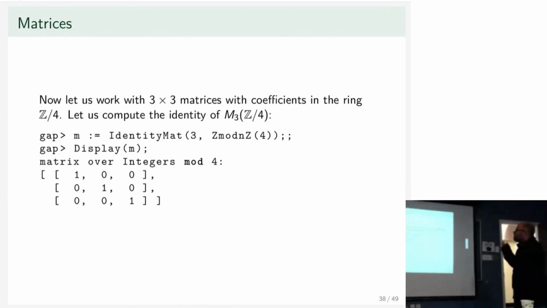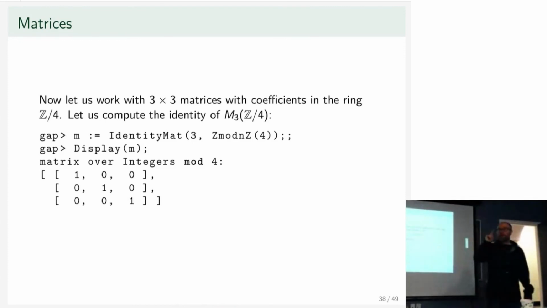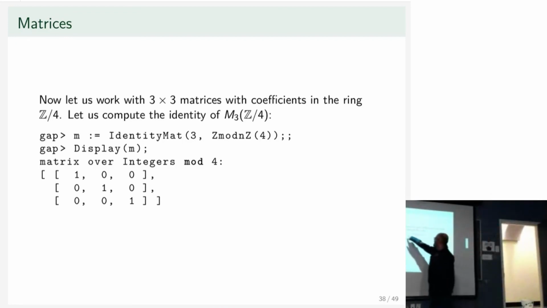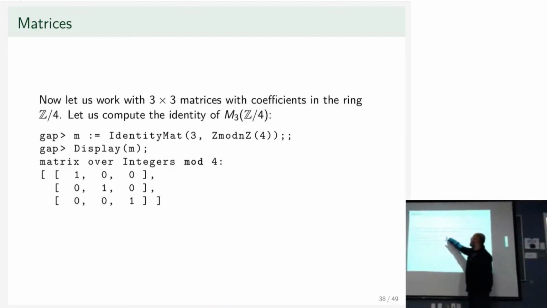The same example as before, but now my coefficients will belong to this ring, integers mod 4, but not a field with 4 elements, but this ring, which is not a field. Okay. So M is the identity matrix, 3 by 3, but with coefficients in this ring. And then I print, and this is what I get. And here, it doesn't know how to write this in a better way.